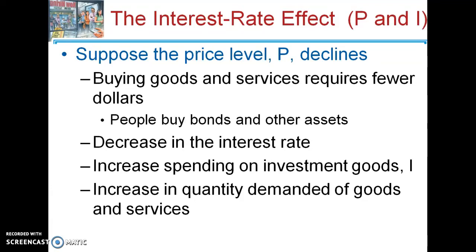So if people aren't borrowing as much, that puts downward pressure on interest rates. And so that's the interest rate effect. So this is the other effect why aggregate demand increases when price levels fall. And vice versa. If price levels rise, the interest rate effect would be usually higher interest rates, reducing the quantity of aggregate demand. So that's the second effect there, interest rate effect.